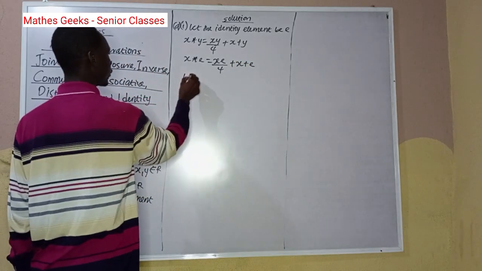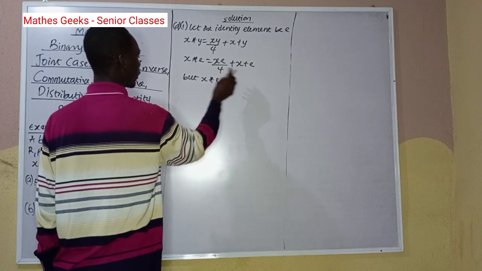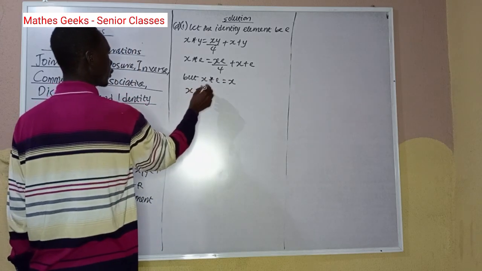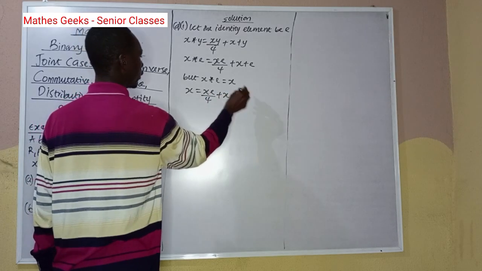So x operation E is equal to what? x. So x is equal to x e over 4 plus x plus e.